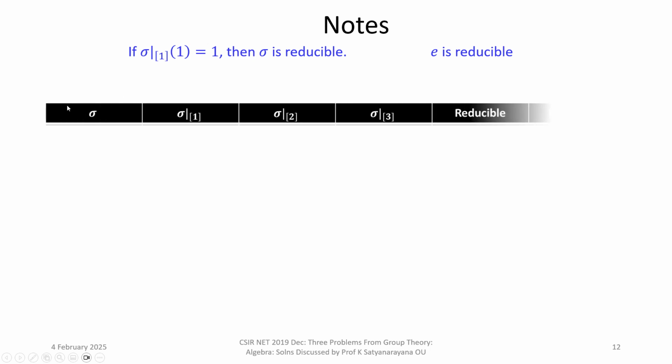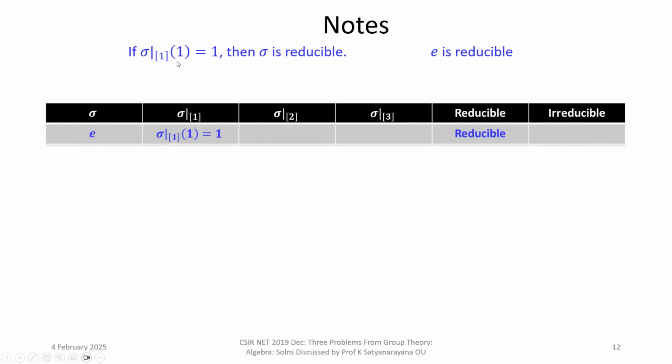Right. So this is the ready-made table I have made for you. First case, E. What are those permutations that, when restricted to 1, send 1 to 1? E fixes every one: fixes 1, fixes 2, fixes 3, and so on. Sigma restricted to 1 is 1. That means it is a permutation from [1] to [1].